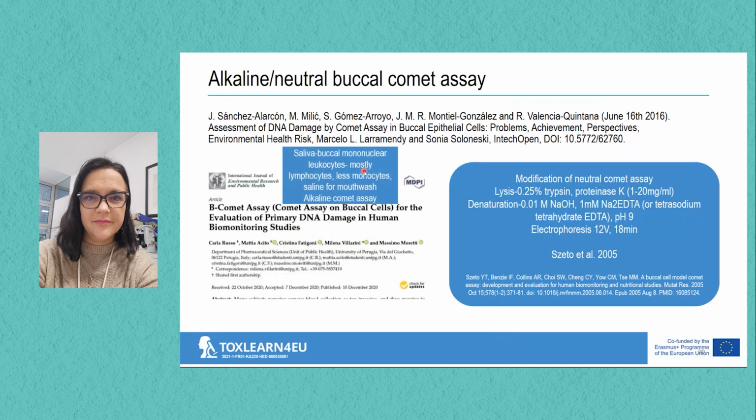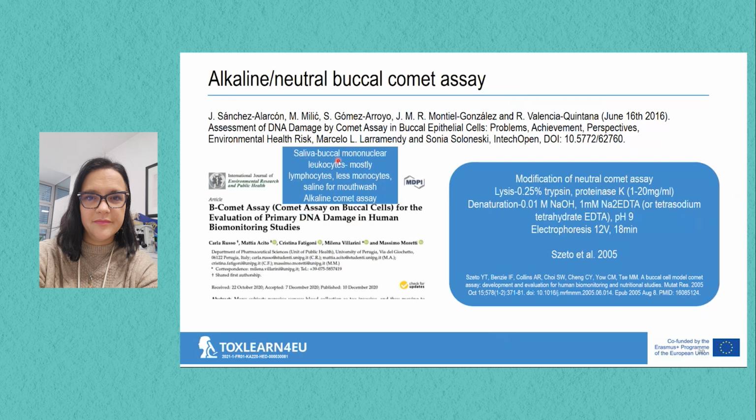The solution maybe for this problem is to use the comet assay in the buccal cells. As I have already told you, all the cells in your mouth are called buccal cells. We were talking about the exfoliated ones, but in this protocol, in this manuscript that you can see here, they are using saliva after the saline mouthwash.